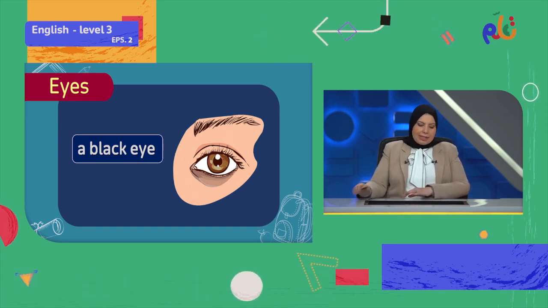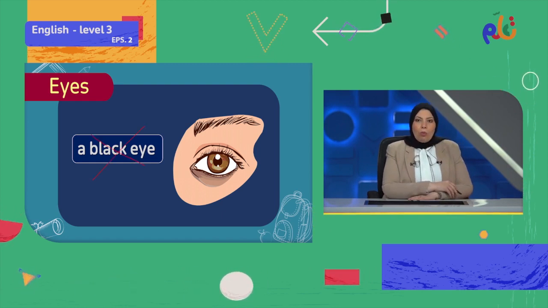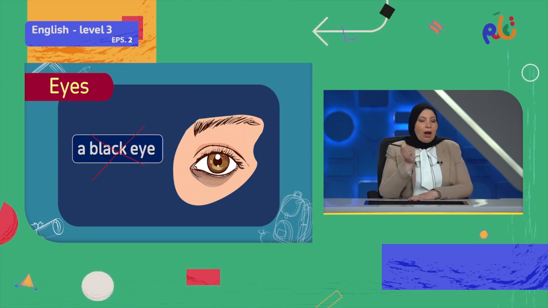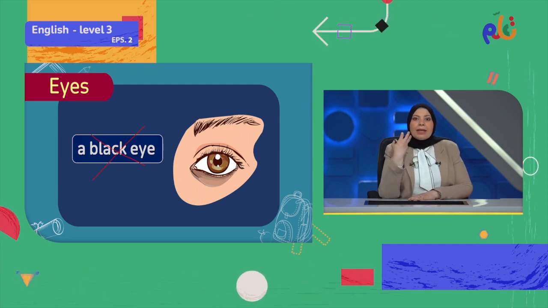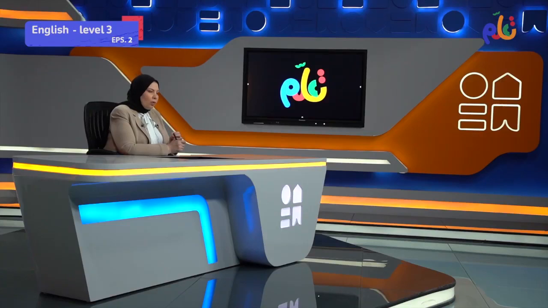So black eye, no. Why? Because it's not a color for the eye, it's describing a disease or a sickness. It's describing a problem in my eye, not the color. So describing the eyes, we usually go for dark, not black. عشان خصوصا لو نسينا حرف الاس في eyes هتدي معنى مختلف تماما.